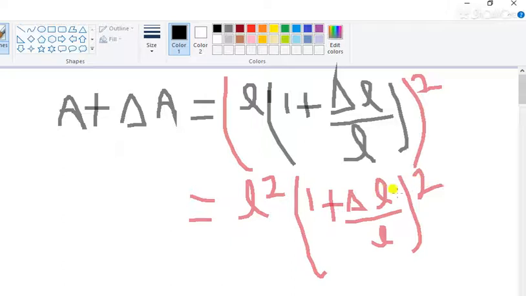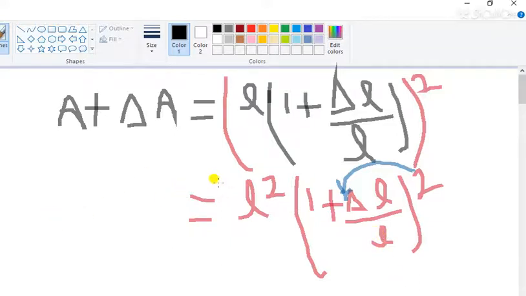So this 2 will be multiplied with this x. Let's take it as x. So here we will use the binomial expansion concept. This 2 will be multiplied with the delta L by L because this term is very small.